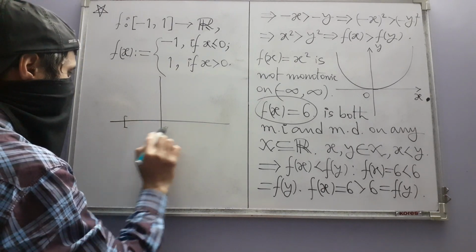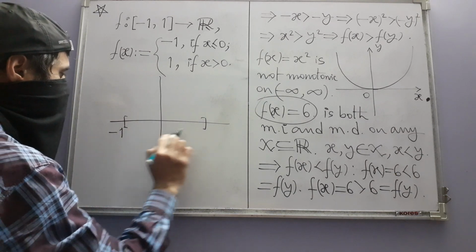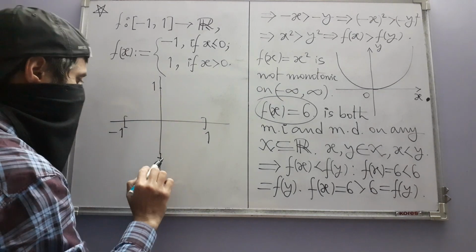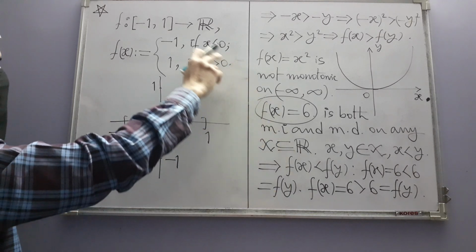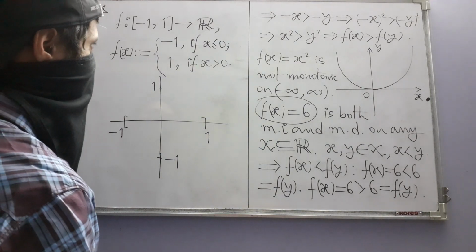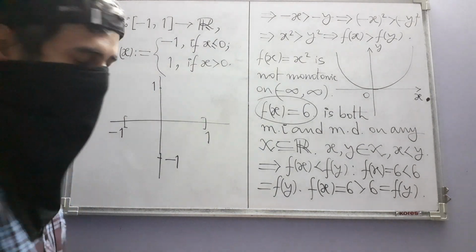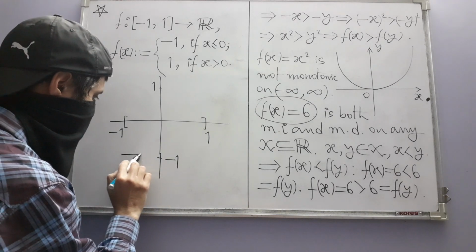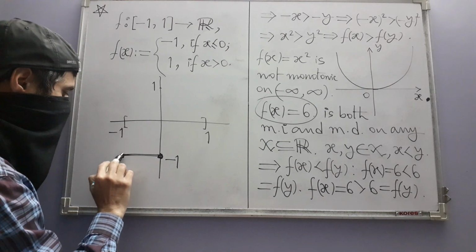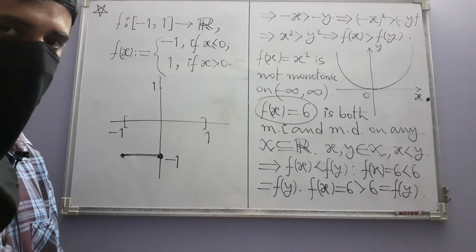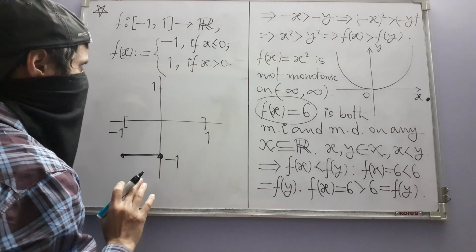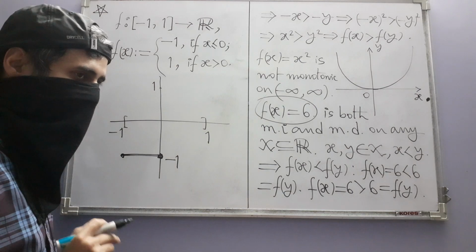The domain is this, [-1, 1], and say you have 1 here and -1 here. So what the function says is that when the input is less than or equal to 0, then the output is constantly -1. So on that part, the graph is this horizontal straight line, which will have both its endpoints. And if the input is positive and less than or equal to 1, then the function takes the value constantly 1.